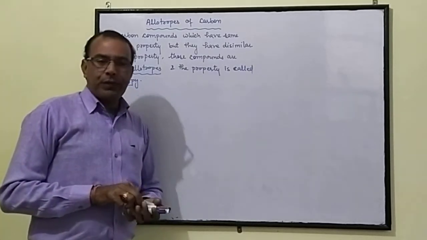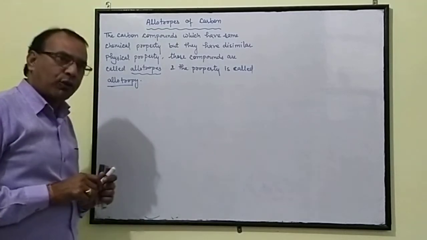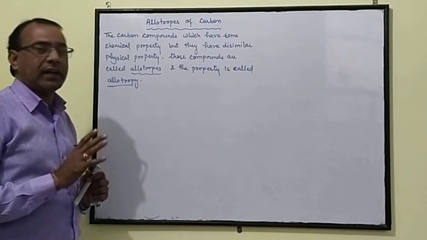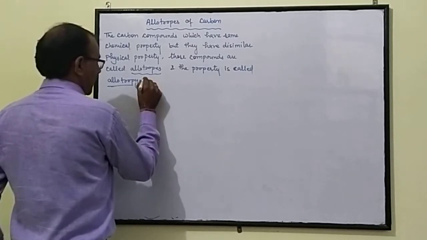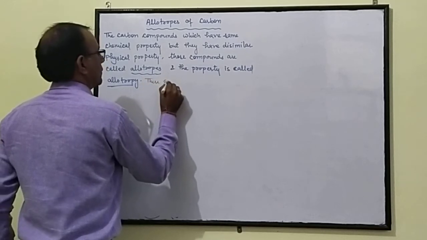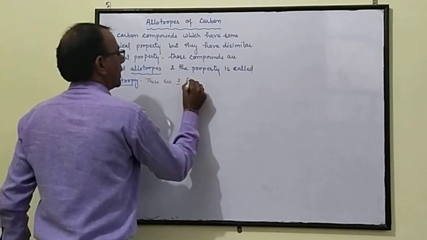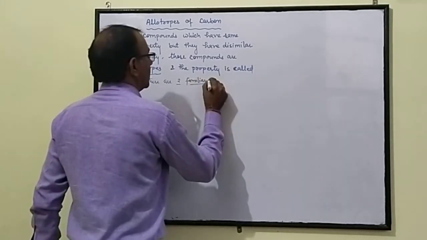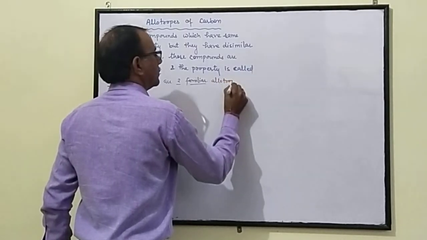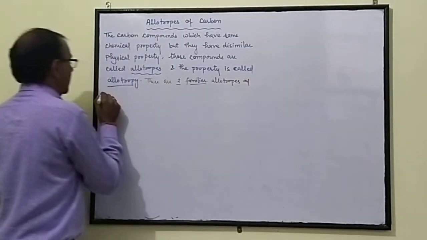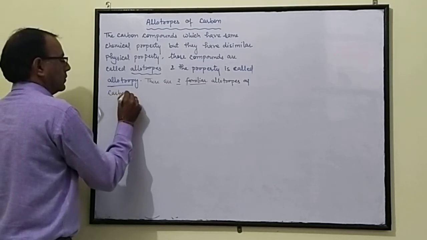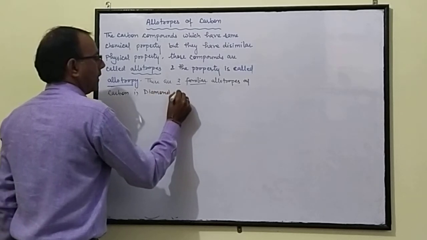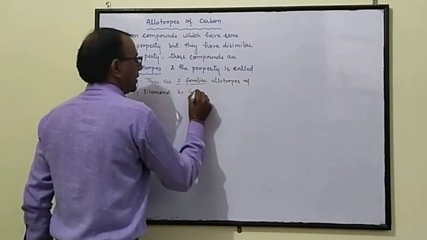There are two familiar or famous allotropes of carbon: one is diamond and the other one is graphite.